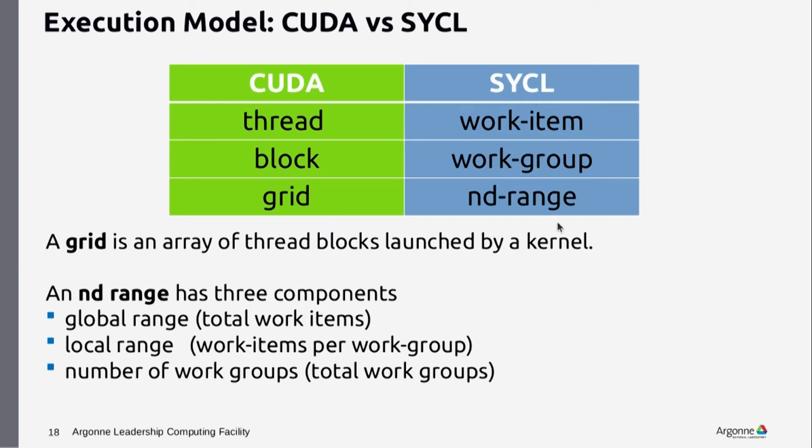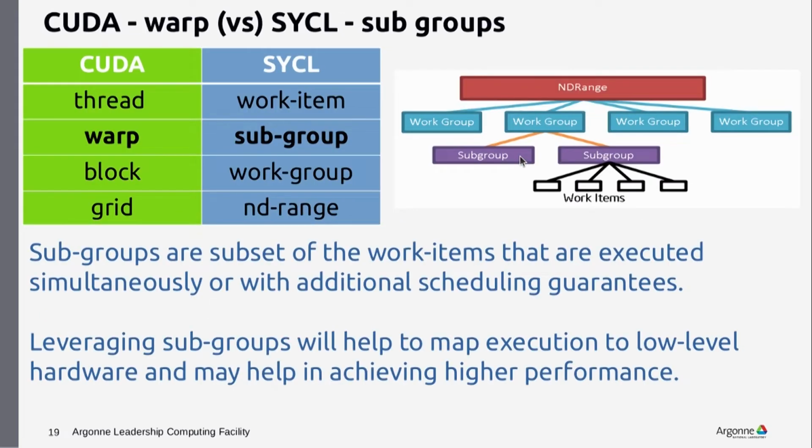So I would talk a few minutes about ND range, which is based on 3 components. Grid is a collection of blocks, right? ND range is just a collection of work groups. That's pretty much it. So you have this hierarchy, and I've just mentioned here what happens with a warp.